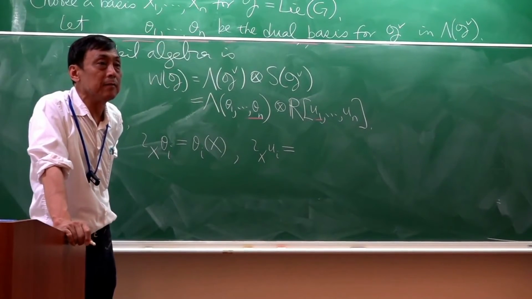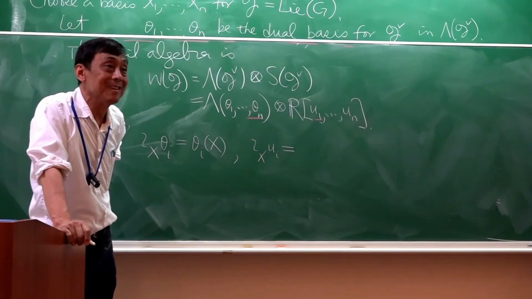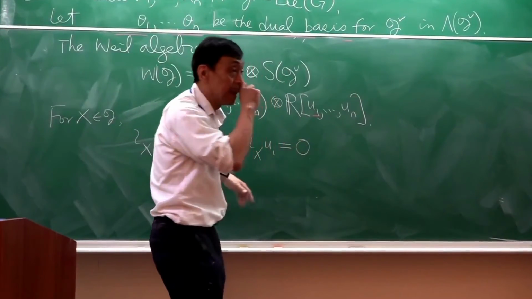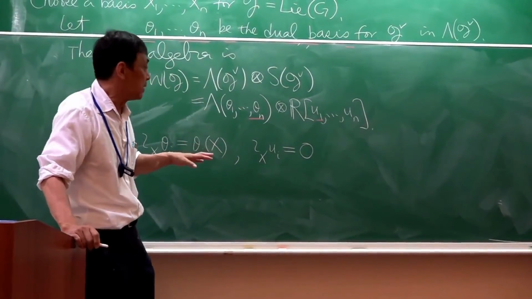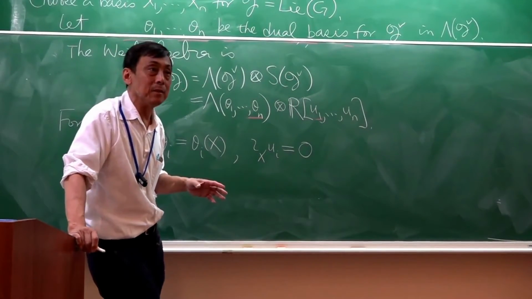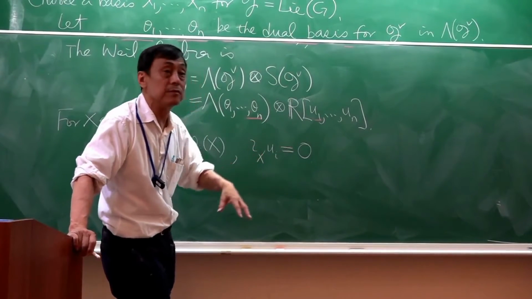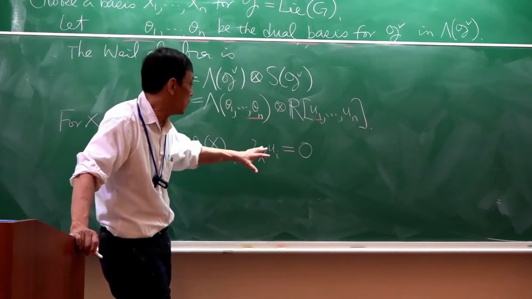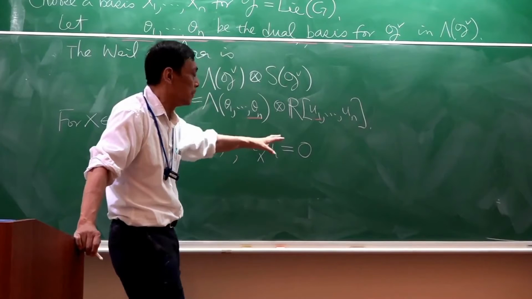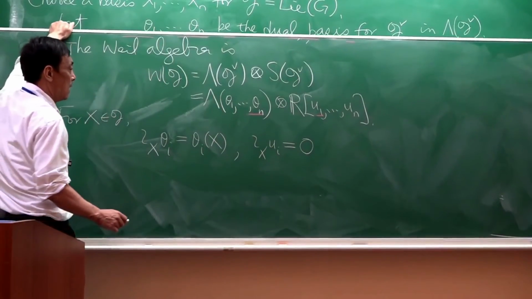How did we define it? It was 0, because there's a map, the Weil map, that sends Ui to the curvature form, and the curvature form is horizontal. So Ix of the curvature is 0. And you want that Weil map to preserve these Ix, so you have to define it this way.